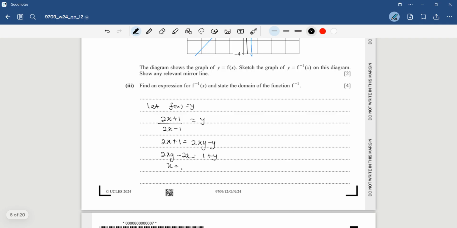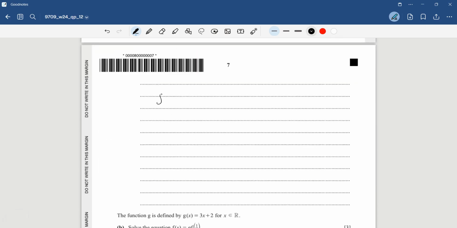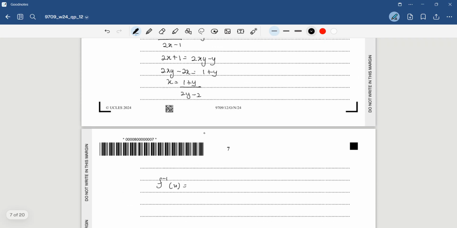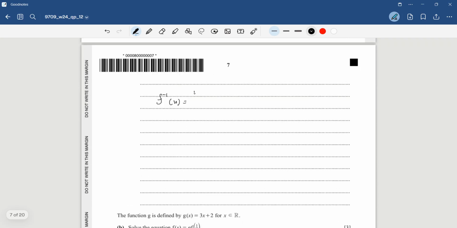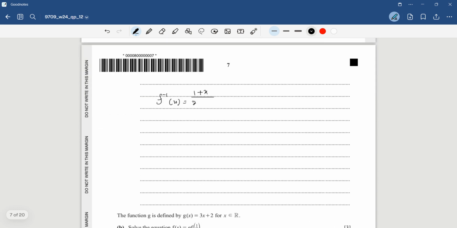So your x will be (1 plus y) over (2y minus 2). Therefore, your f inverse x will be (1 plus x) over (2x minus 2), where x cannot equal 1.